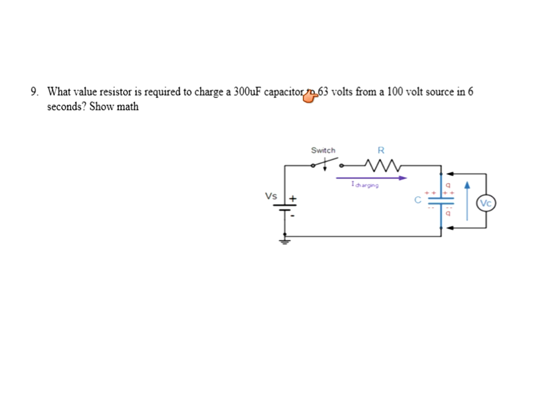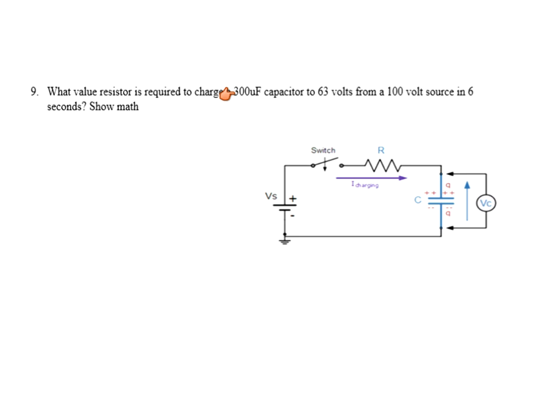63% is 1 tau. Again, 1 tau is equal to R times C. You notice both of these problems revolved around the first time constant. They're only going to check you on the first or the fifth time constant. So you take the time, 6 seconds, and you divide it by 300 microfarad. That will give you the value of the resistor.